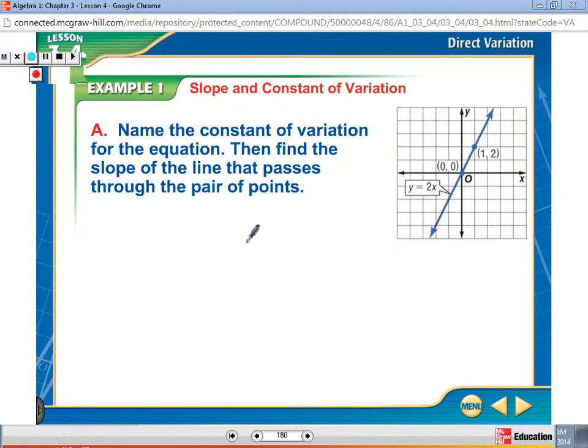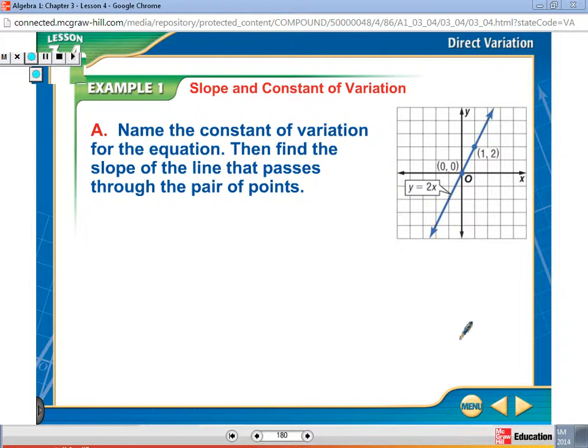What you should also know is that the number in front of x is the same thing as the slope, which in this case means that your constant of variation and your slope are the same. Therefore, k is 2, and slope, we'll use the letter m, is also 2. Literally, you don't need the graph. As long as you have the equation, you can pick them both out.